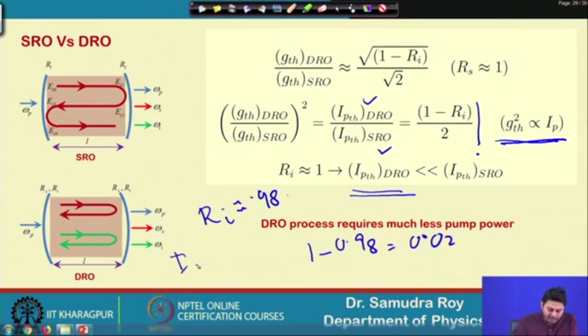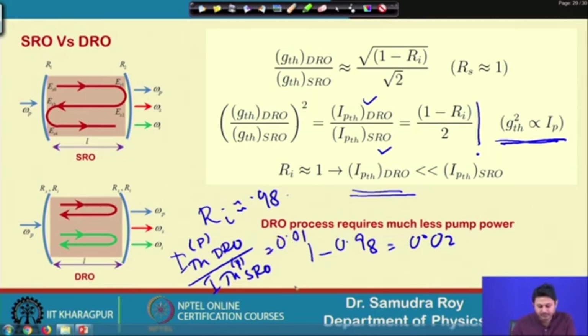So, I threshold for DRO and I threshold for SRO becomes 0.01. So, that means the power required to excite DRO is much less than the power required to SRO.